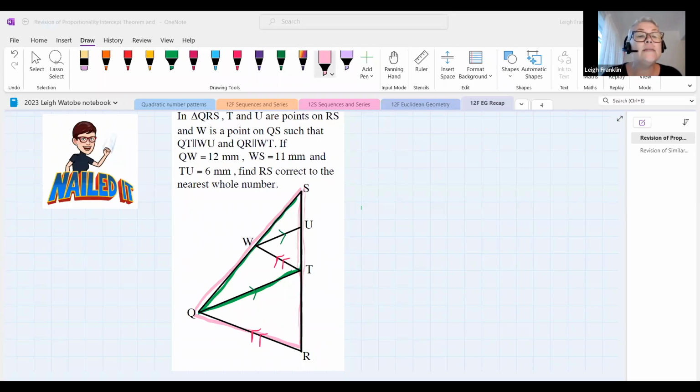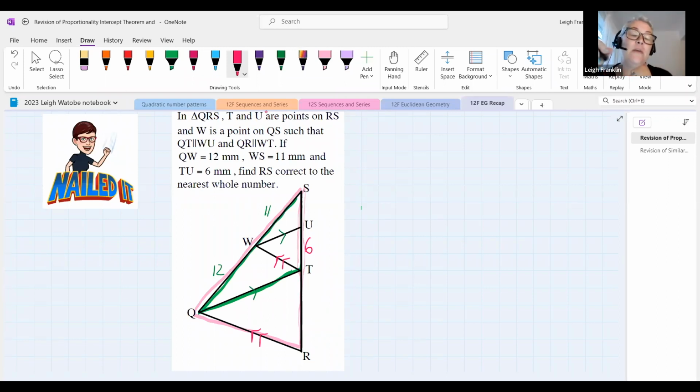Now, what is the next bit of information that we are given? If QW equals 12, so QW is that one over there, and WS is equal to 11 and TU is equal to 6, find RS correct to the nearest whole number. So that whole side is what they want us to find.